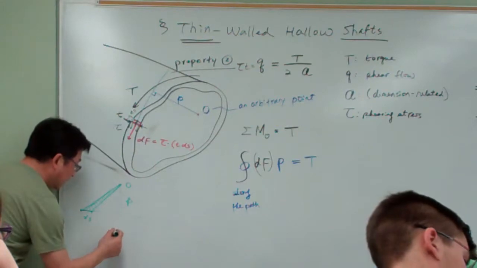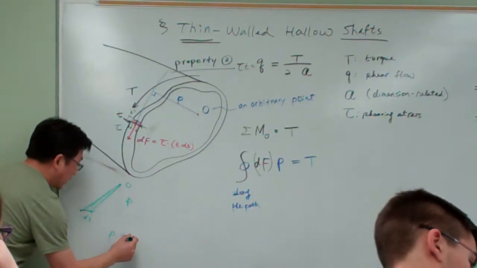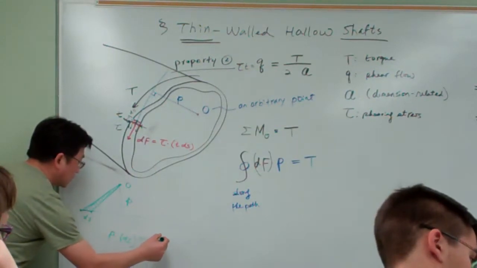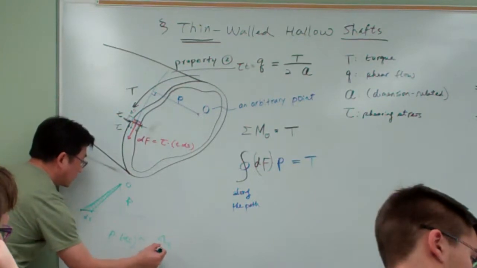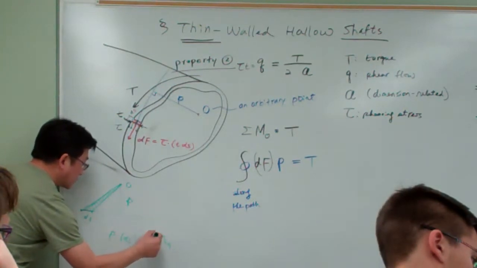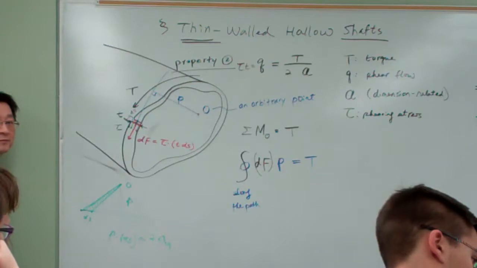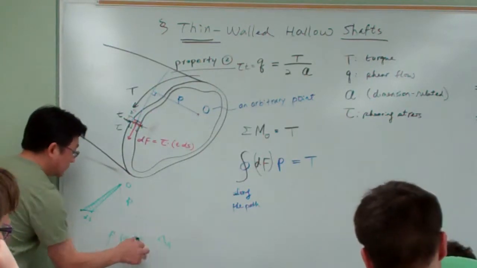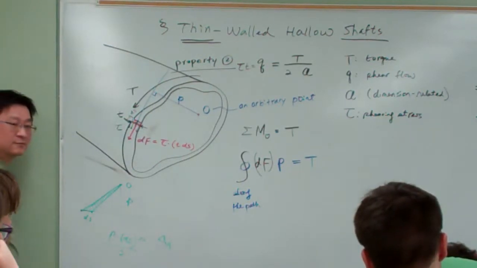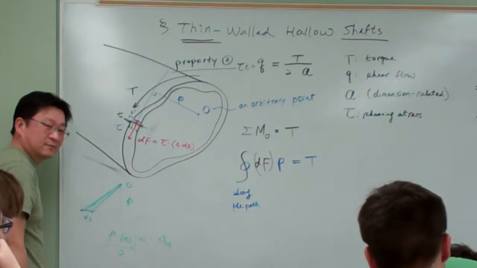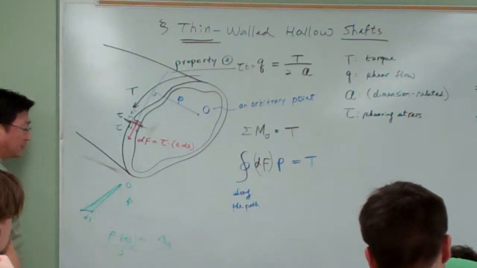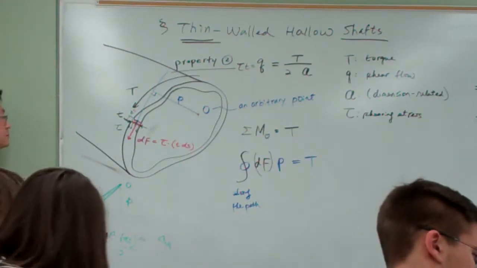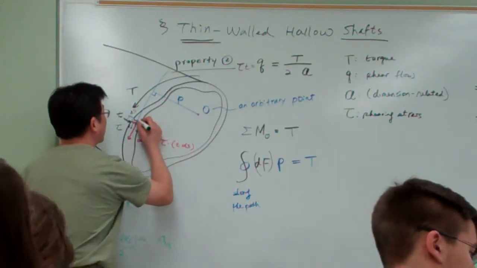Sorry, the p times ds will be equal to the triangle's area times 2, right? Oh, base times height, that's where you get the 2. Okay, very good. So let me draw the triangle here.